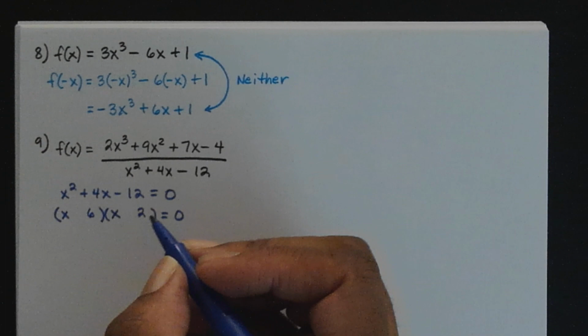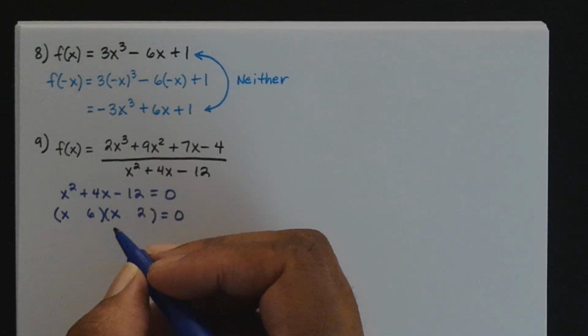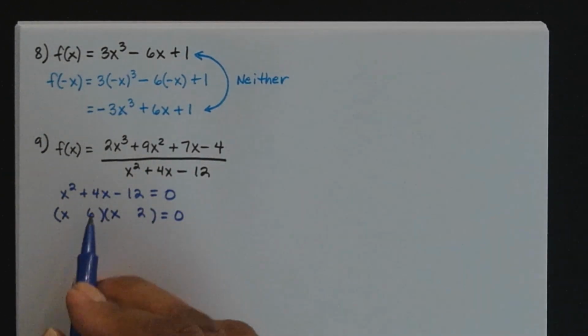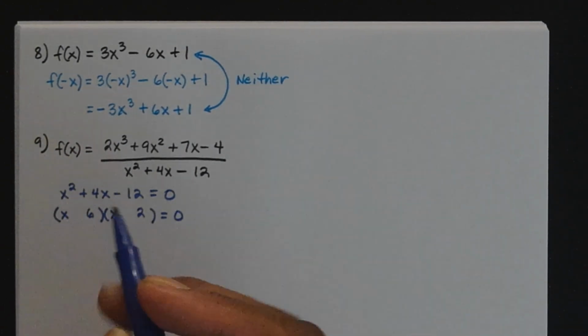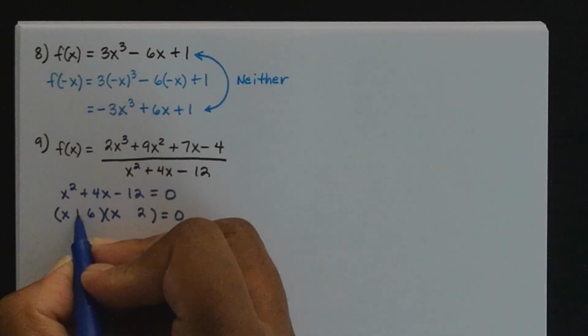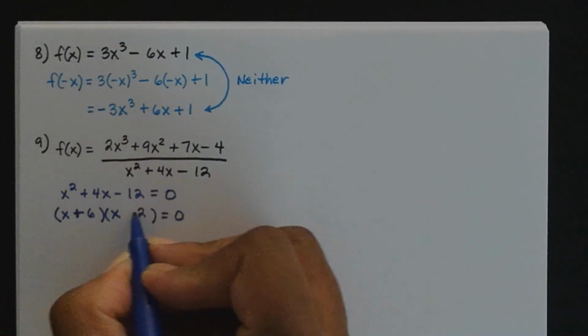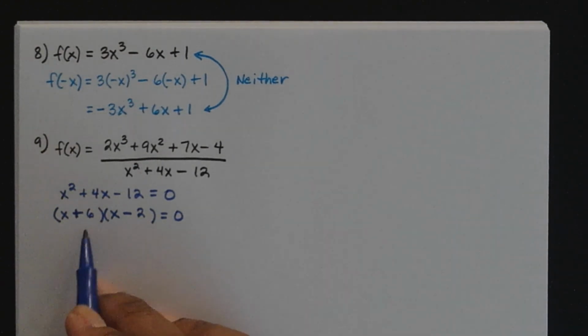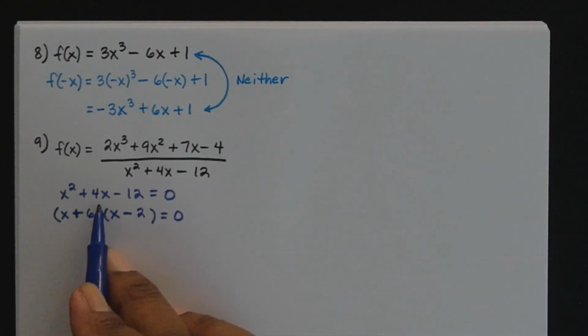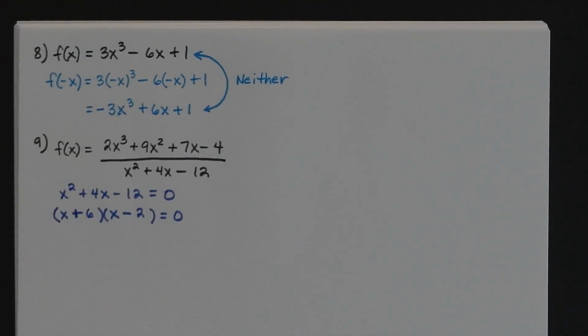But I got to make that a plus 4x, so one's got to be minus, the other one has to be plus. Well, the larger of these two factors will take the sign of the middle term. So the 6 will be a plus, since that middle term is a plus. The 2 will have to be minus. So I got x plus 6 times x minus 2 is equal to 0. And by the way, if you do 6x and a minus 2x, you would get 4x.